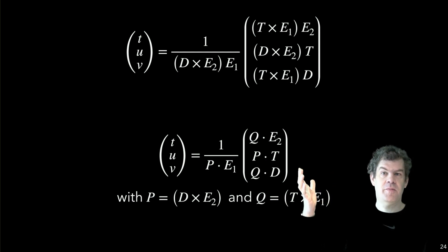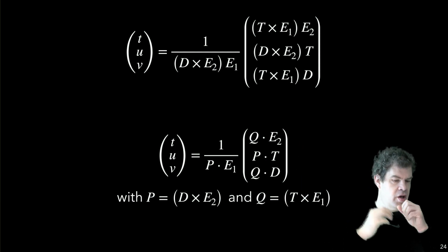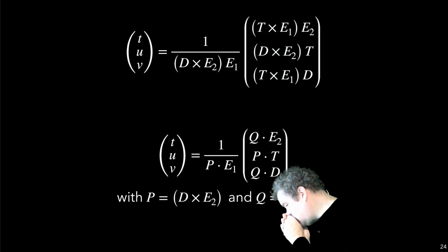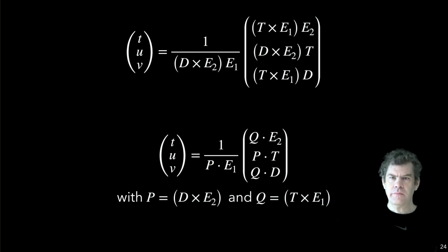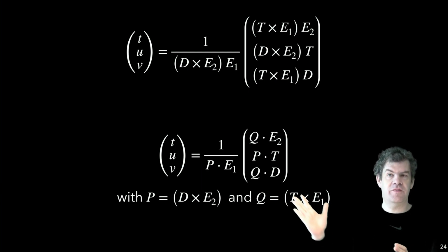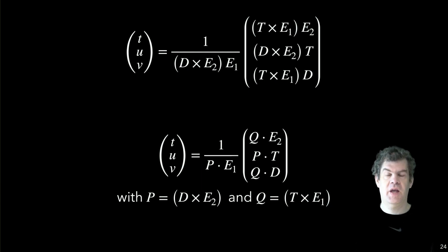If that happens to be between 0 and 1, we compute q times d and check whether that thing, which is v, is between 0 and 1, and whether the sum of u and v is still smaller than 1.